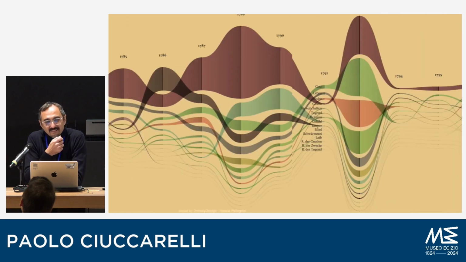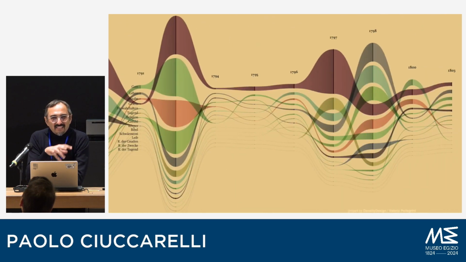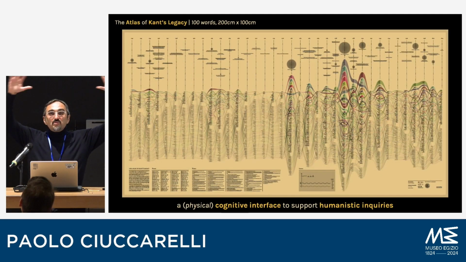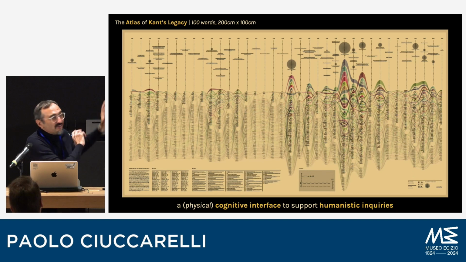And the funny thing is that everything started very digital, but the final outcome was a huge poster that they put in the office and that they looked at any time they had a doubt about a term. They would go and navigate this poster.